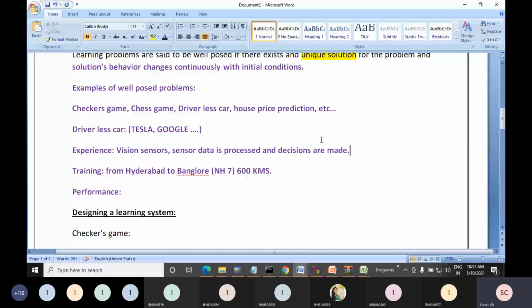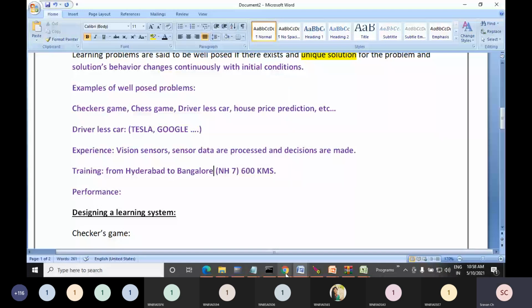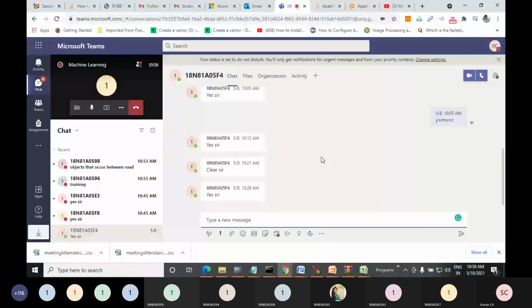Now, what do you mean by performance? Can anybody define performance in this case?